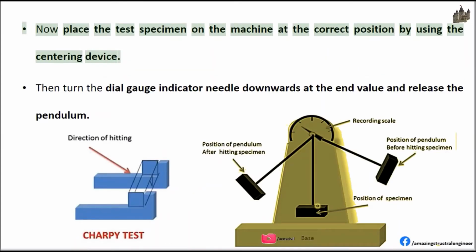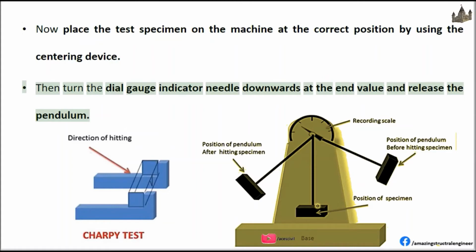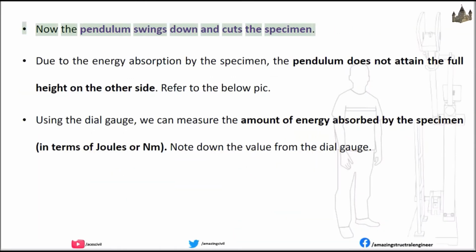Now place the test specimen on the machine at the correct position by using the centering device. Then turn the dial gauge indicator needle downwards to the end value and release the pendulum. Now the pendulum swings down and cuts the specimen.